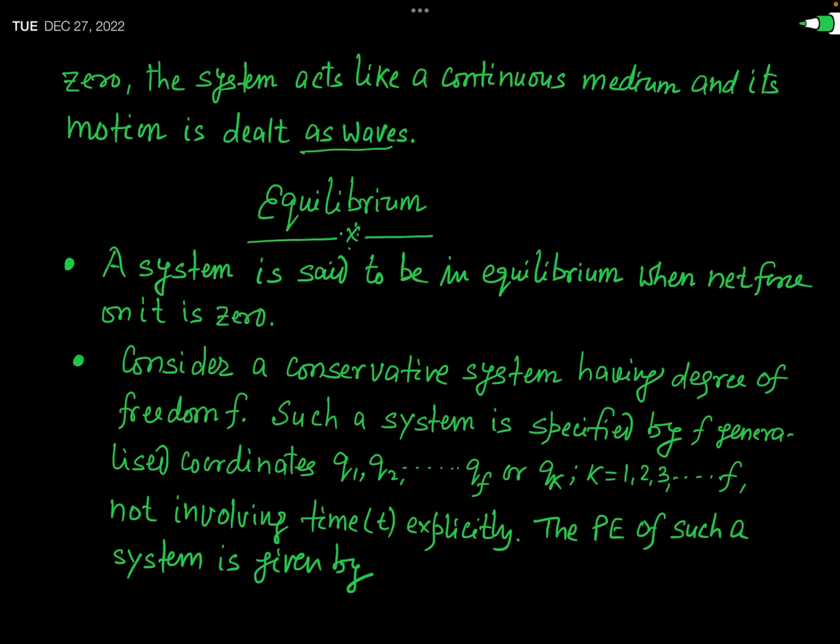As you know, the generalized forces are simply the negative of the partial derivative of the potential energy function with respect to the generalized coordinate. Or in other words, the generalized force is the negative gradient of the potential energy function.